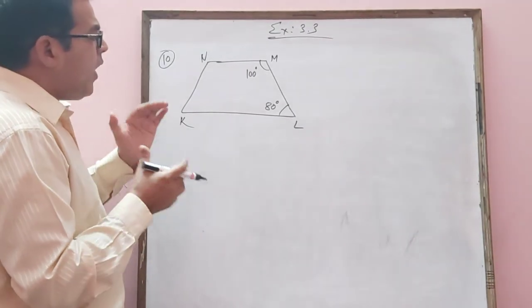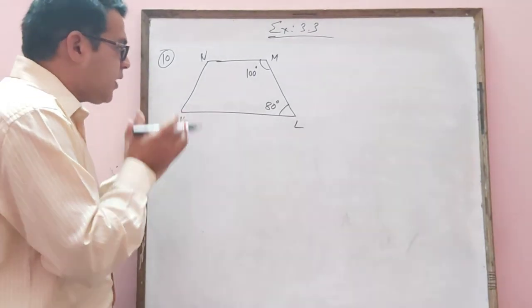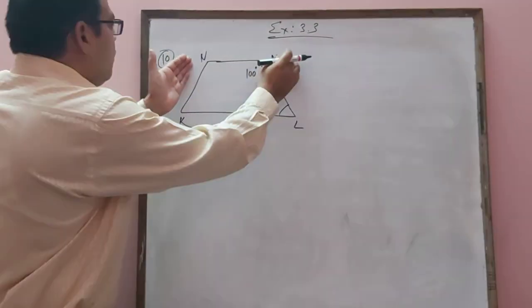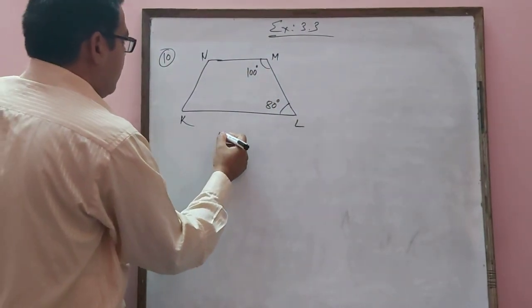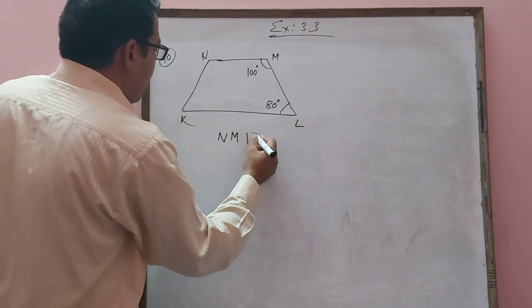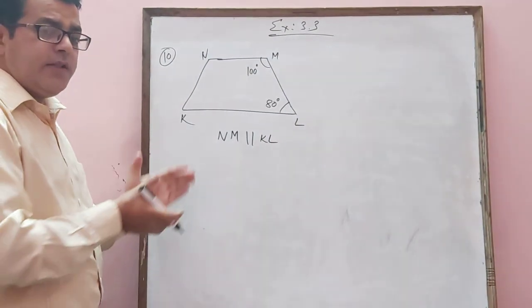And if two angles are co-interior and supplementary to each other, it means we can say that these two lines, NM, is parallel to KL. Why are these parallel?